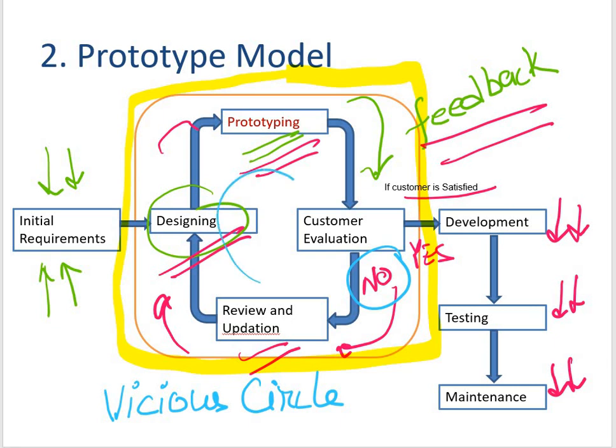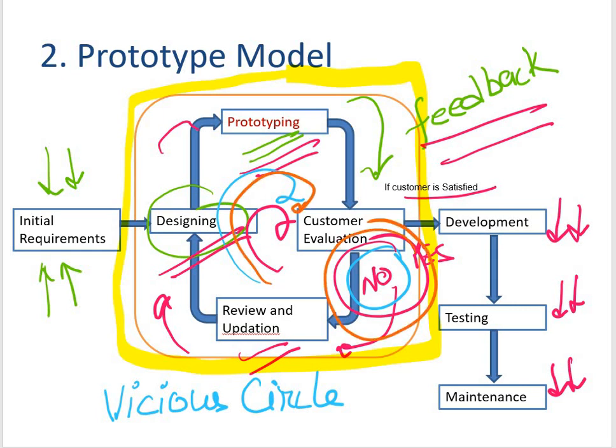Once again I'll go ahead with this, once again the user will say no, and once again I'll go into this. So it's like I'll enter into a vicious circle of coming up with a prototype, seeking feedback, and then once again entering into the same circle, repeating the same efforts again and again.